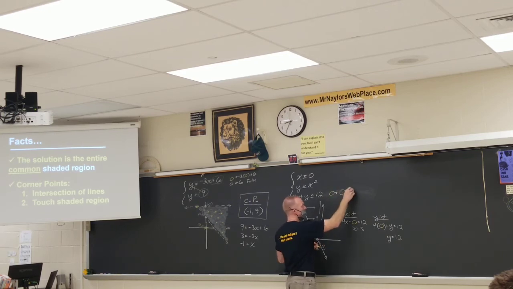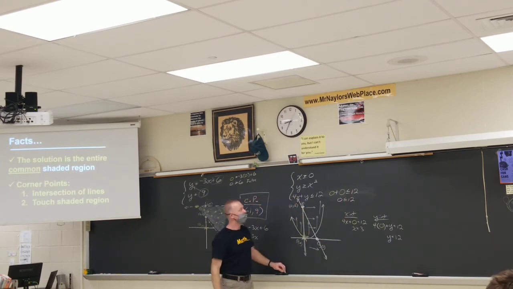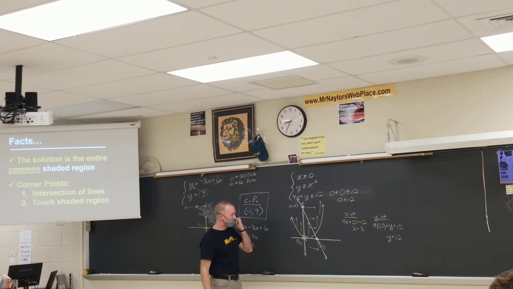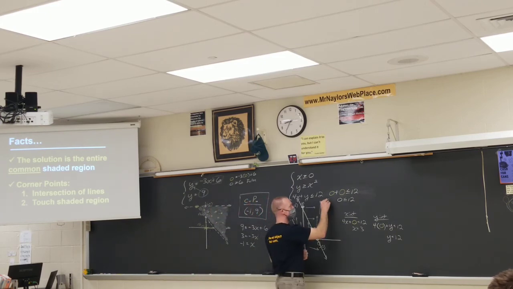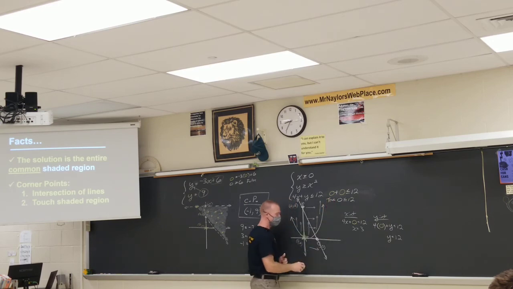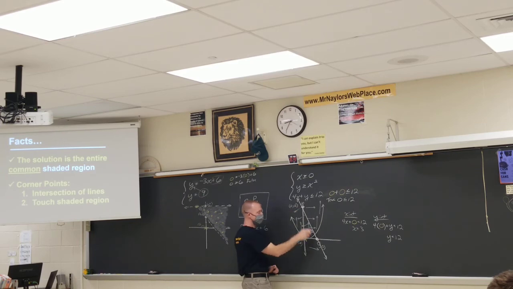You probably don't even have to write it, but I want to make sure you understand that we're looking at the statement 0 is less than 12. How does that statement sit with you? You should say yes, 0 is less than 12. So it's true, which means I'm going to shade on the test point side. So I'm shading on this side of the diagonal line.